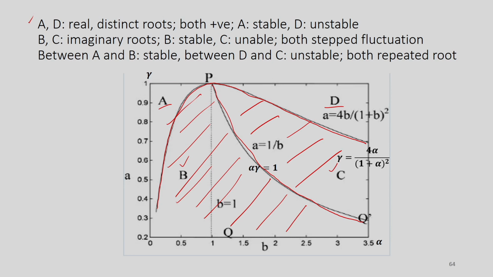Both A and B are stable, so this and this, both of them are below the alpha multiplied by gamma equal to 1 line. Between D and C, you have unstable cases. So, this line is unstable, but repeated roots, and here between A and B, this line, you have stable. So, that basically sums it up.